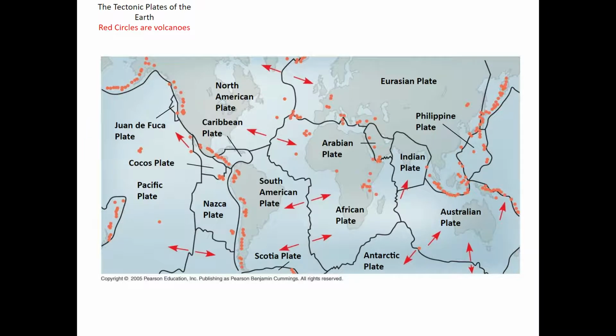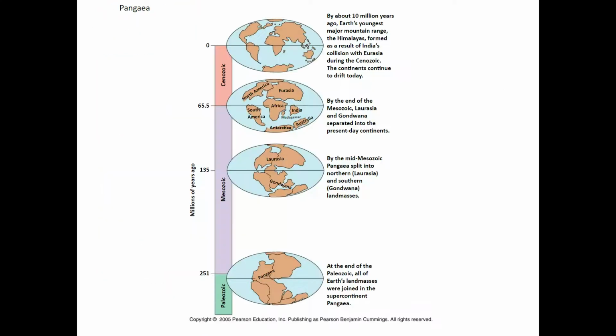There was a point in time in which everything came together in one big giant mass, which you're familiar with this, of course. That's not it. This is it. It's called Pangea, when everything kind of coalesced into this giant landmass, and this caused a big problem.